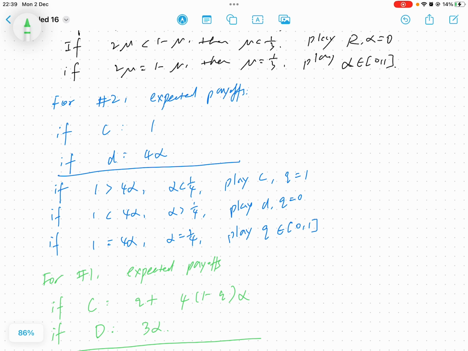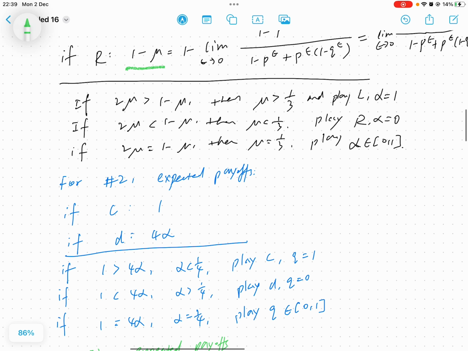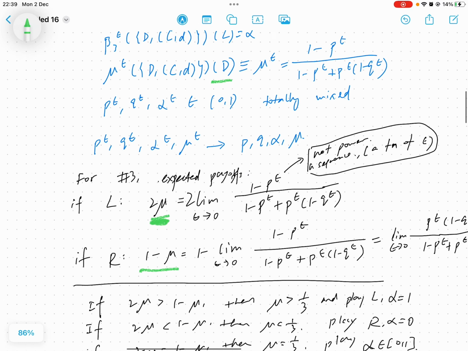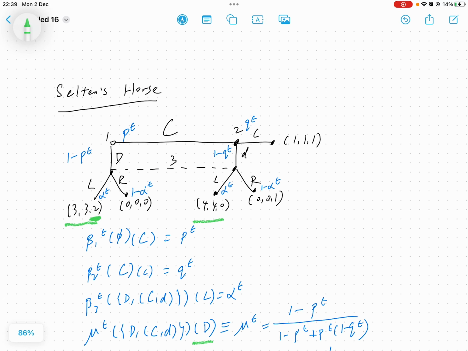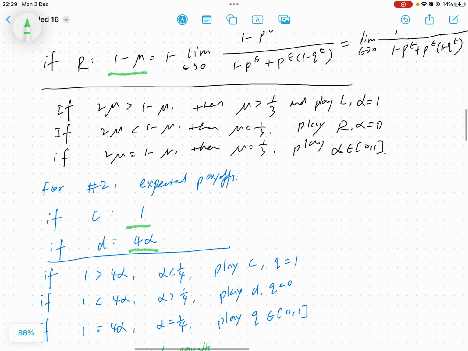So we write down the expected payoffs. Let's see if we have the correct results for this. If player 2 plays little c, player 2 could get 1 for sure.